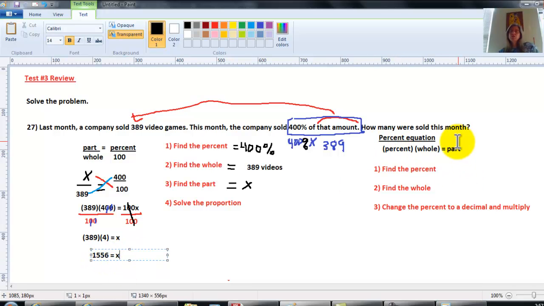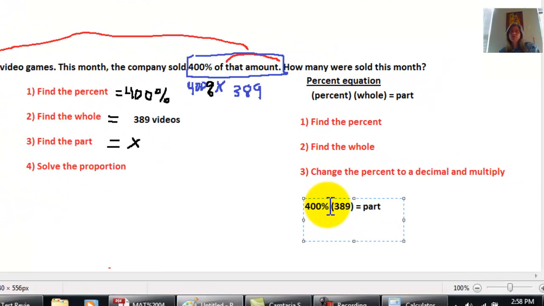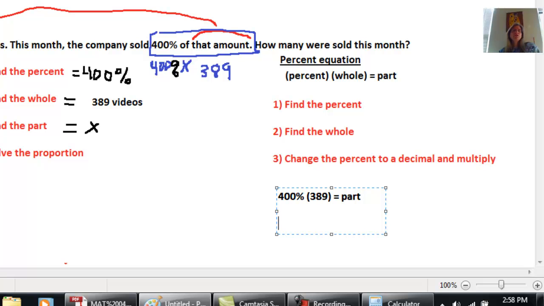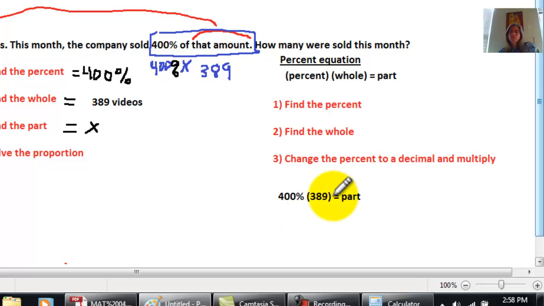And let's see if we use this equation, if it works. So we're going to find the percent, which is 400. In this situation, we don't have the luxury of dropping the percent sign. So the whole is 389. So we'll multiply it times 389, and that will equal the part. So we have to change our percent to a decimal. Whenever you take off a percent sign, you're dividing by 100, which means you're taking this decimal and moving it over this way.